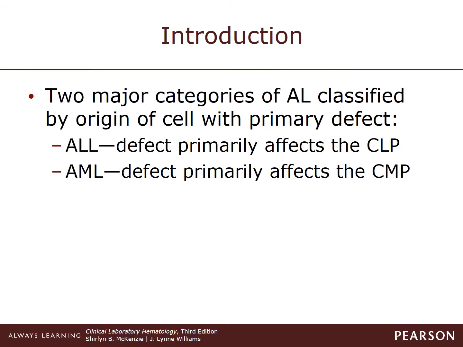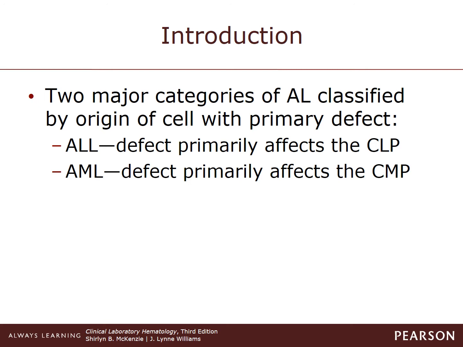The two major categories of acute leukemias are classified according to the origin of their cell. So AML is acute myeloid leukemia that affects primarily the common myeloid progenitor, whereas ALL, acute lymphocytic leukemia, affects the common lymphoid progenitor.